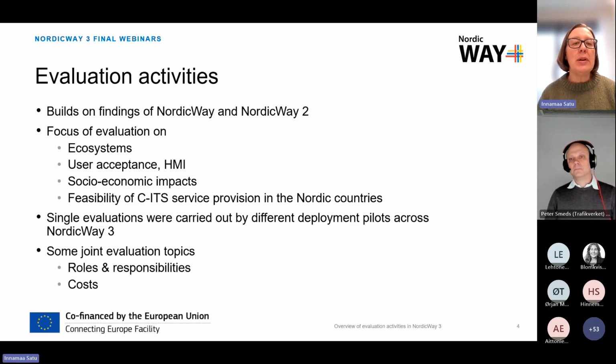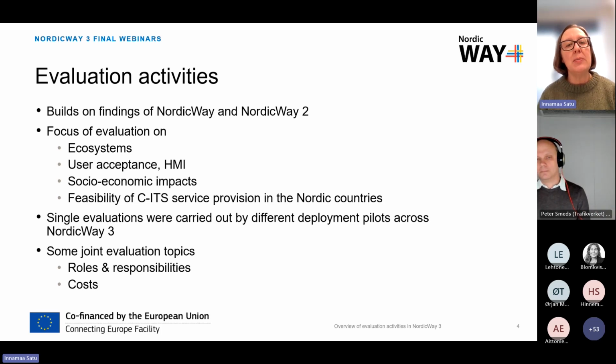Single evaluations were carried out in NordicWay 3 in different deployment pilots across the project, and this means that they had the freedom to choose topics that they felt were the next big questions that needed to be answered. There were some systems which had been researched and developed more earlier than some others. So for some it was really finding those last remaining questions, and for some other services it was more going first to the more basic questions.